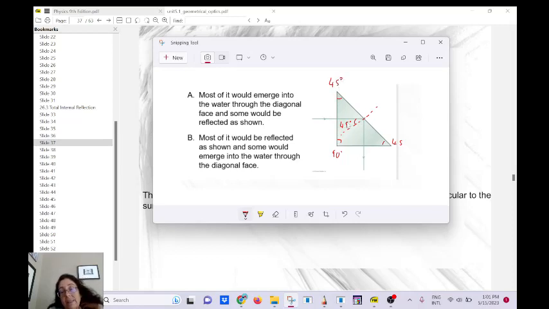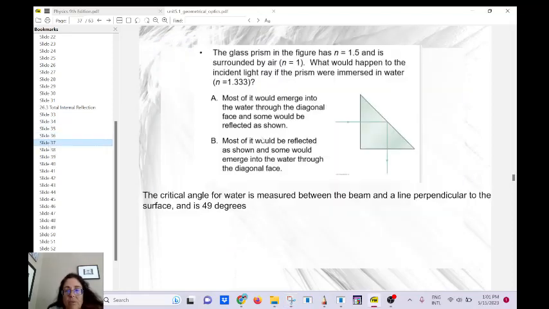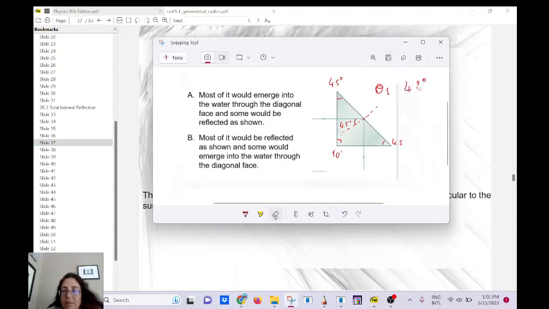Okay, so it cannot escape because the angle of incidence here is larger than 42 degrees, sorry, the opposite. Right, the critical angle is 42 degrees. So the angle of incidence is 45 degrees, so it's larger than the critical angle.